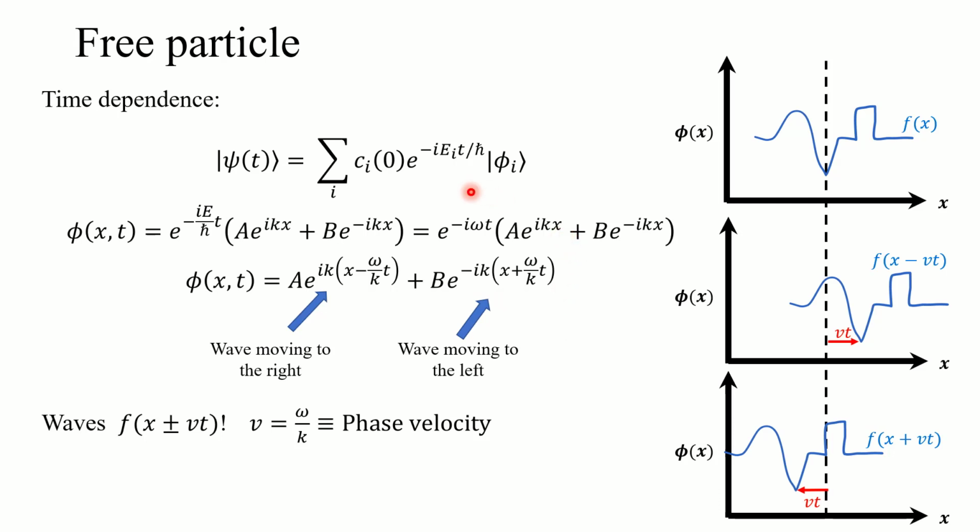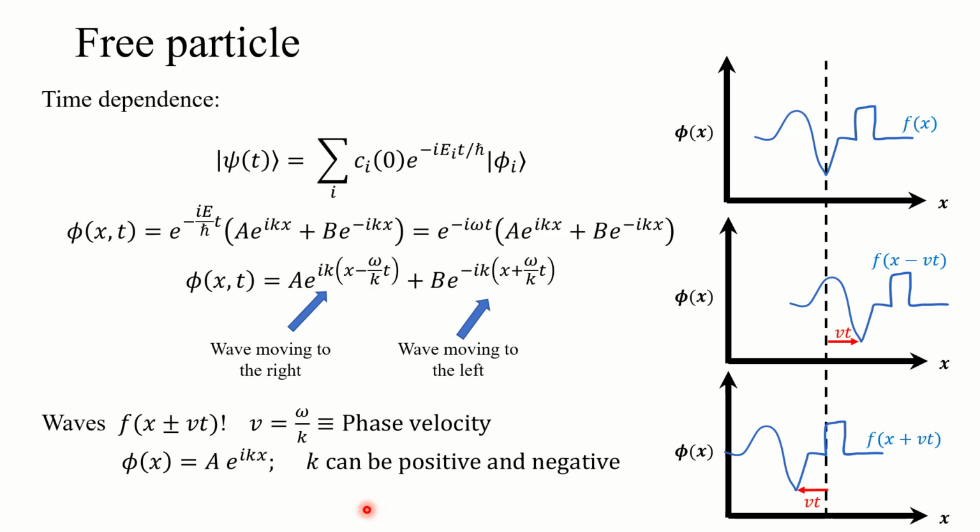When we think about this, if we go back and look at the spatial dependence of our energy eigenfunction, instead of writing a e to the ikx plus b e to the negative ikx, we can just write the spatial dependence as a e to the ikx, but let k be both positive and negative, as opposed to just 0 to infinity.